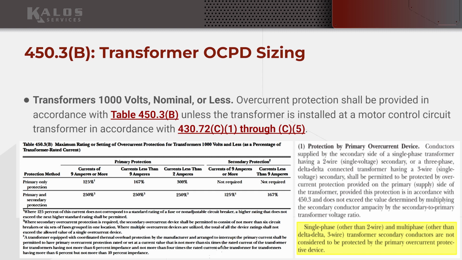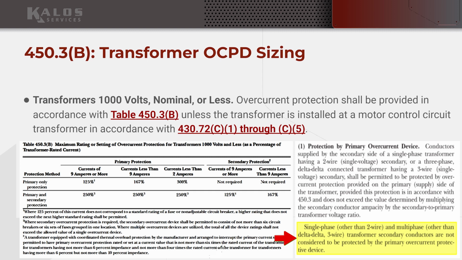Between the secondary and the load, there's no overcurrent protection. So this is the scenario we're discussing, but we're only allowed to do that in a very limited capacity. And so I've highlighted that here. This is from Article 450. No, this is from Article 240. I can't remember. And it says we can have primary only overcurrent protection with single phase.